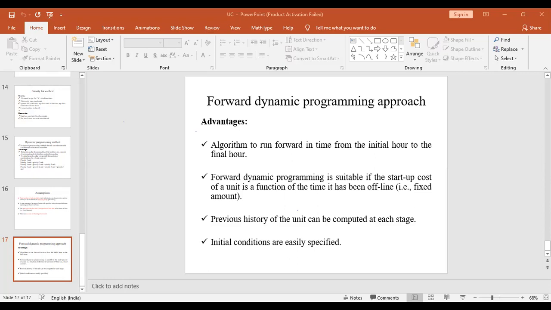A simple question for calculating the fuel cost function for two power plants can be given by equations. C1 is equal to 0.05 PG1 square plus A PG1 plus B, and C2 is equal to 0.01 PG2 square plus 3A PG2 plus 2B.